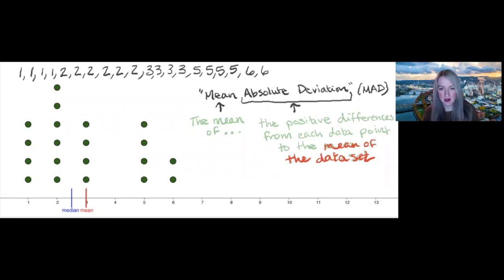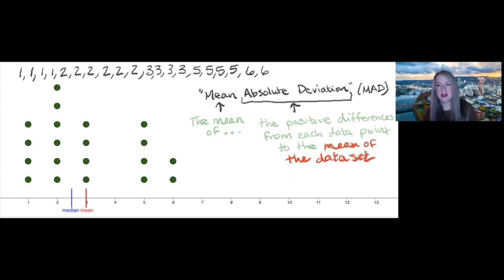So let's first unpack this phrase, mean absolute deviation, because once we unpack it, I think we can actually make sense of what that phrase is trying to get at. So mean absolute deviation is the mean of the positive differences from each data point to the mean of the data set. So we have the mean of our data set, and in this case it is 3.